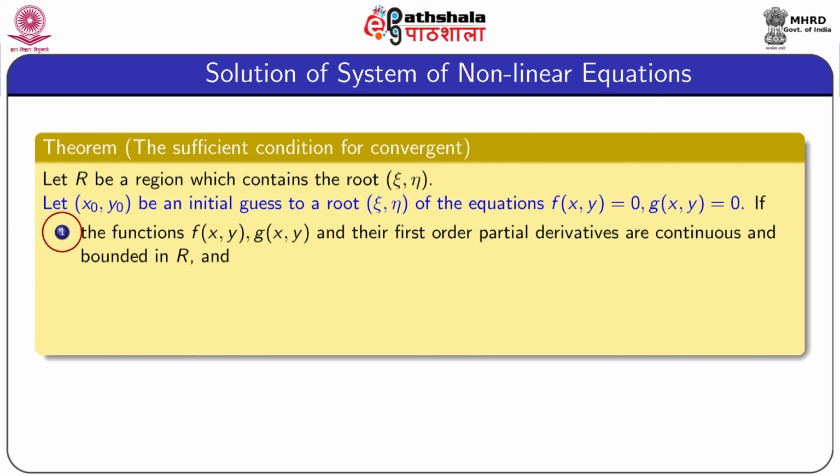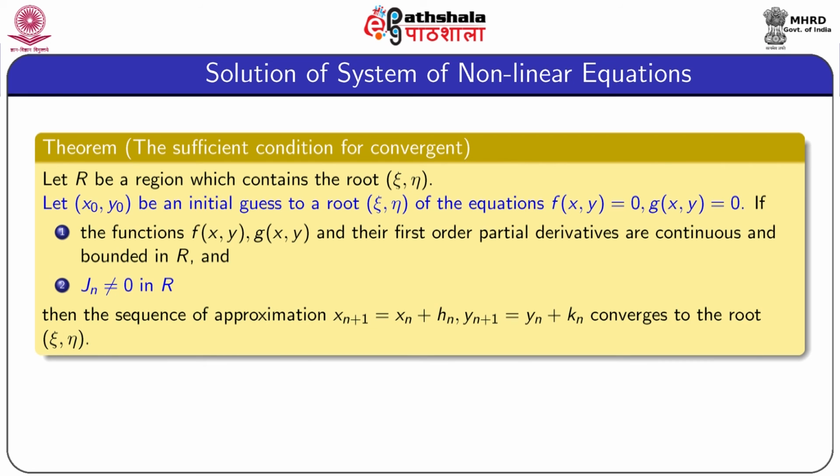If the functions f, g and their first order partial derivatives are continuous and bounded within the region R, and the determinant of the coefficient matrix at the point (xn,yn) is not equal to 0 within the region R, then the sequence of approximations xn+1 = xn + hn, yn+1 = yn + kn converges to the exact root (ξ,η). So, this is the sufficient condition for the iteration scheme to converge to a root.